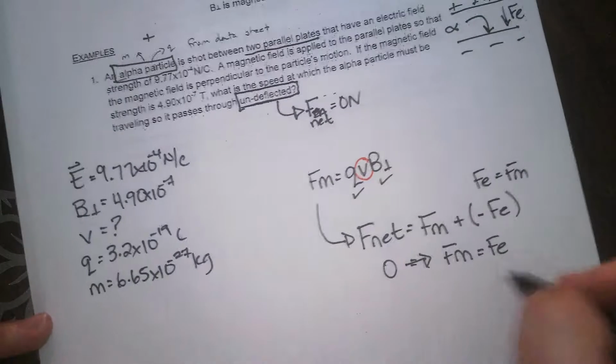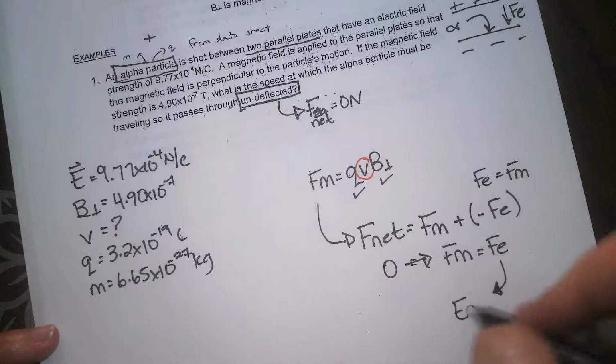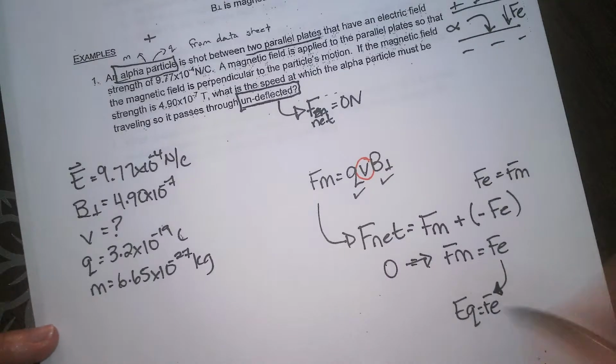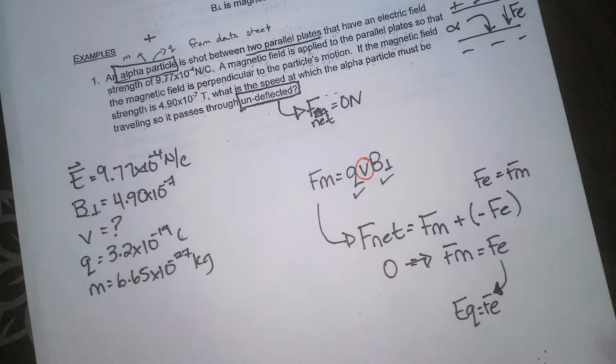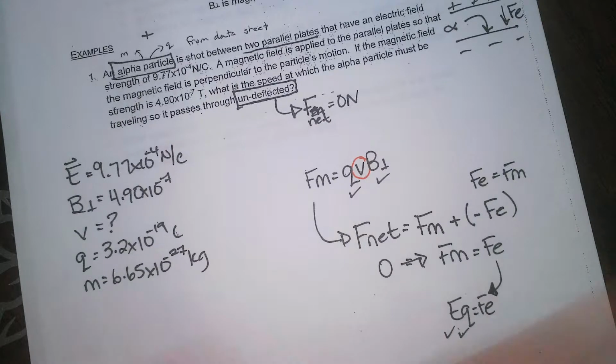Okay, so how do I solve force electric? EQ is equal to FE. Do we have that information? Yes, we do. So it's just a matter of plugging in information.